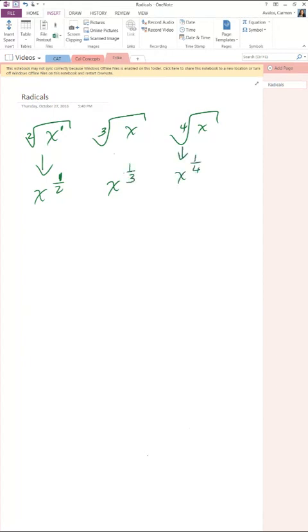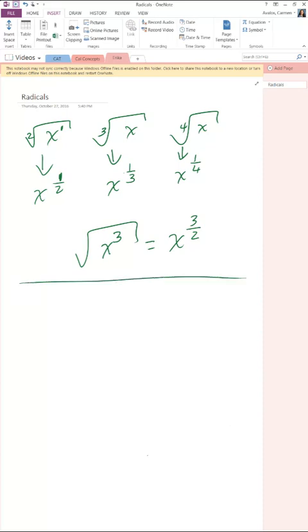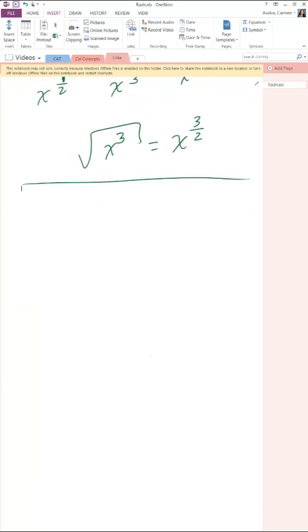The index becomes the denominator, and the exponent becomes the numerator. So the square root of x to the third is the same thing as x to the 3/2. That's just a general rule for exponents and radicals and the relationship between them.